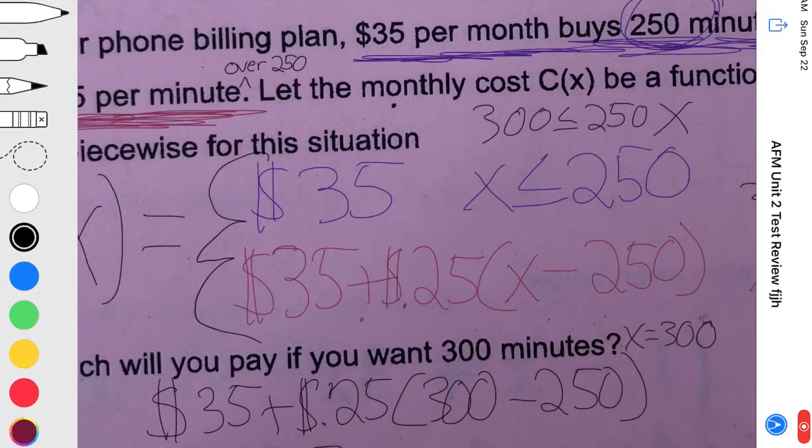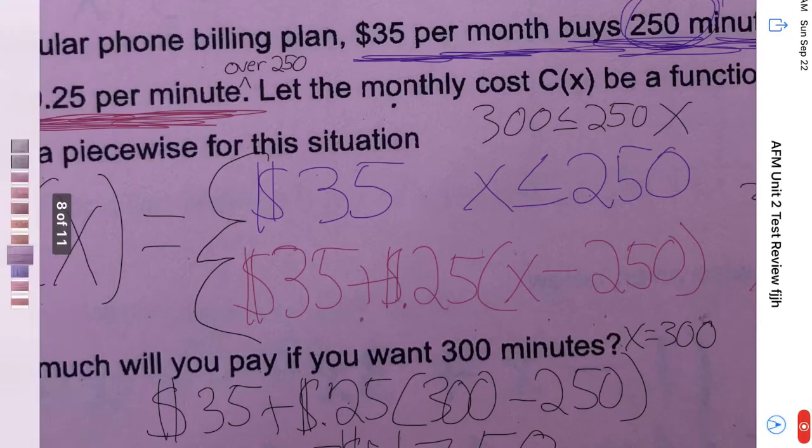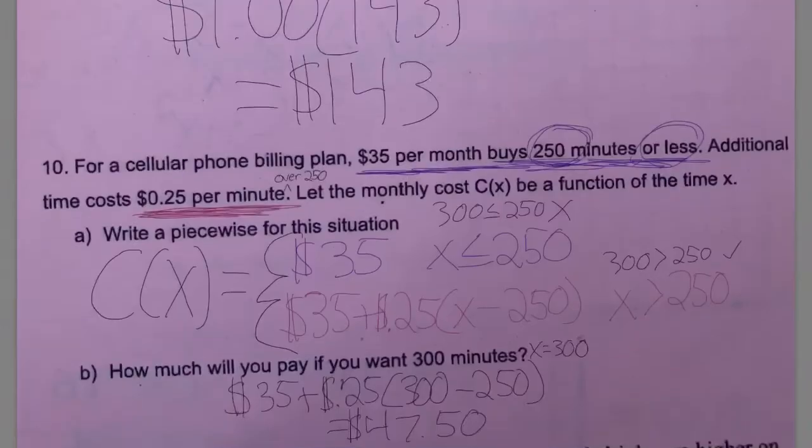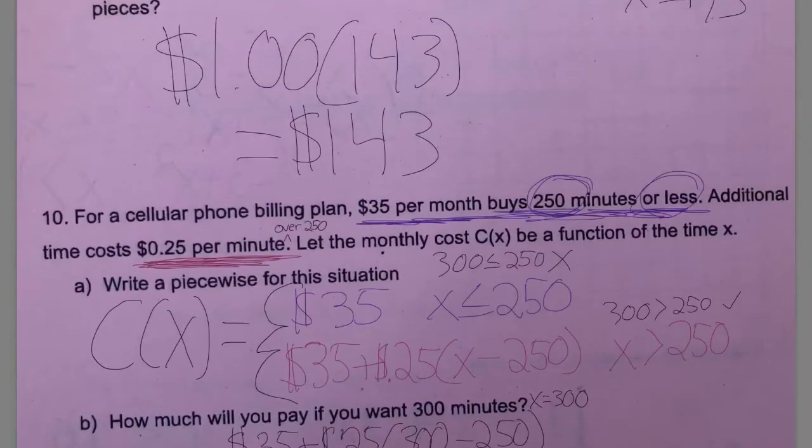So 35 plus 0.25, parentheses 300, subtract 250, equals 47.50, but we're talking about money, so I'm going to put a 0 at the end. So it's $47.50. It's what our cell phone bill would be if we needed 300 minutes.